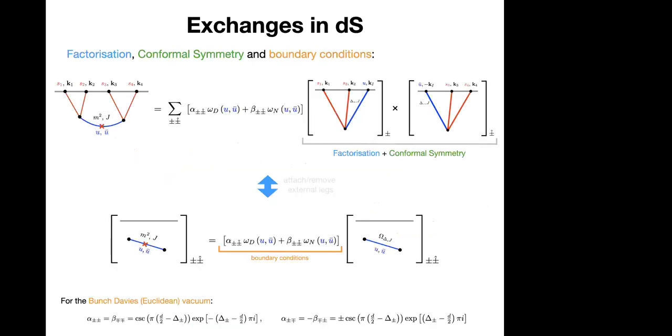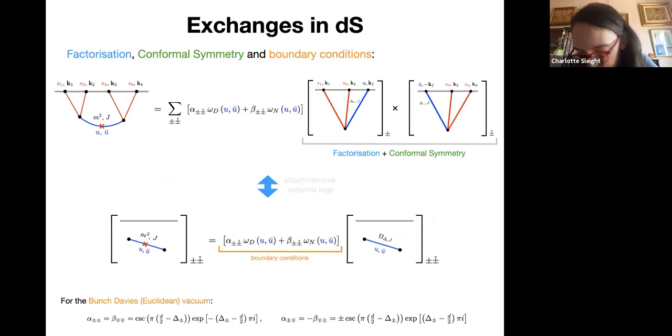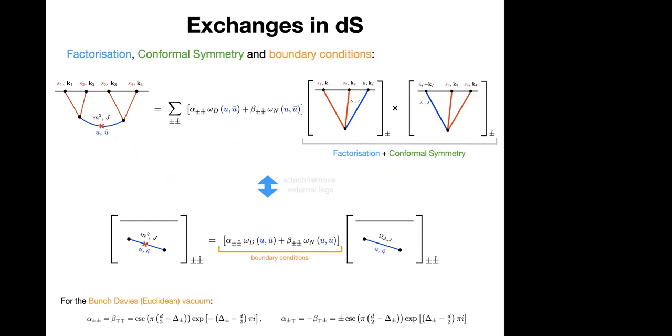Sorry, I have a question. Let's say I am focusing on a particular 4-point function, say I'm interested in computing a scalar 4-point function, and I have a vertex which is scalar-scalar-graviton. Basically I'm looking at a scalar 4-point function by a graviton exchange.